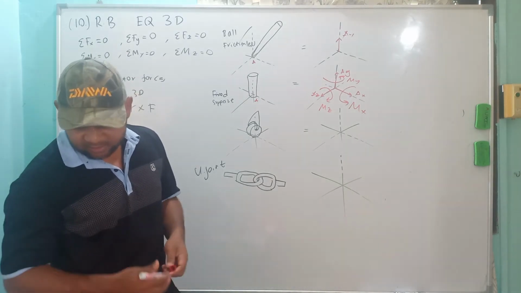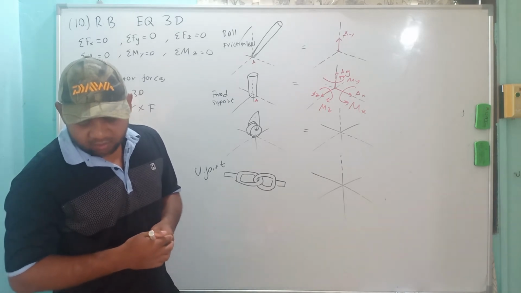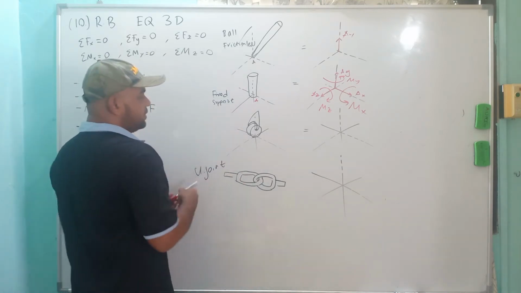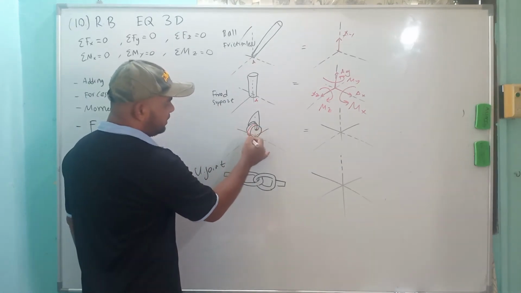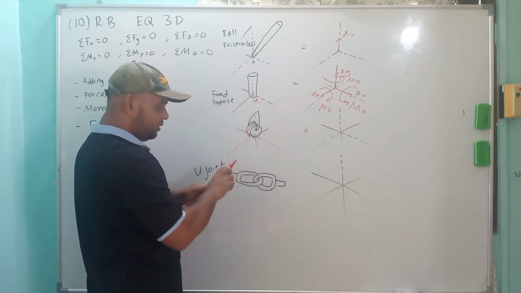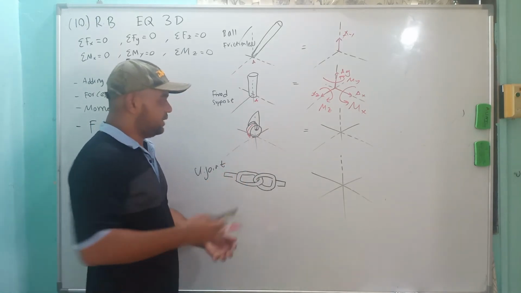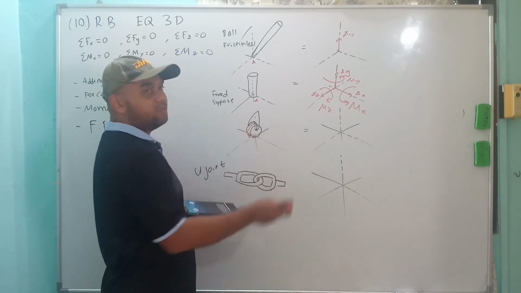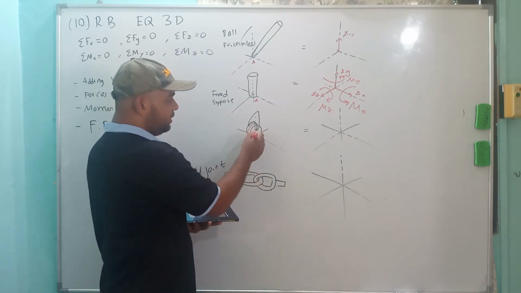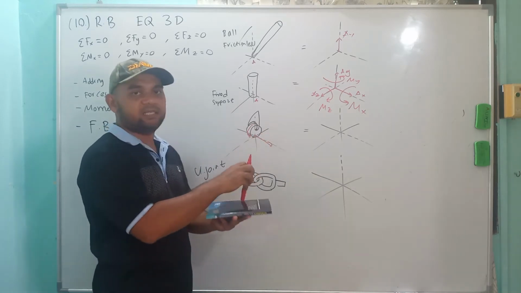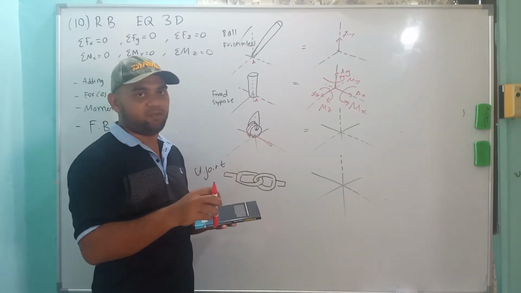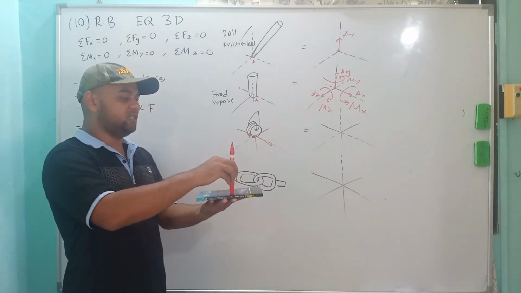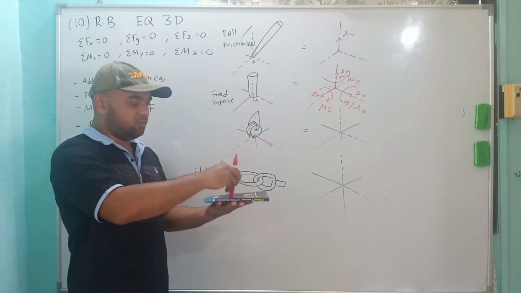Now next is the roller on rough surface. Roller on rough surface means that this roller can turn in this direction, so it is free to move in this direction, because the direction of the roller is this way. But it is a rough surface, meaning that if you want to move laterally in this direction, it cannot move because there is a friction force. You also cannot go down beyond this surface.